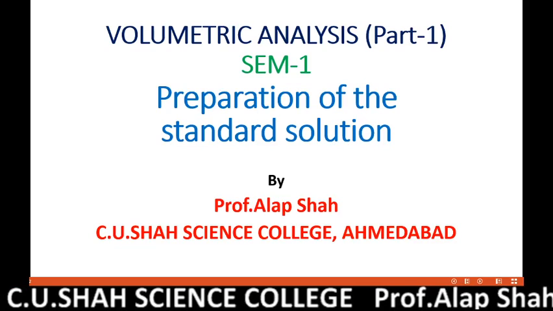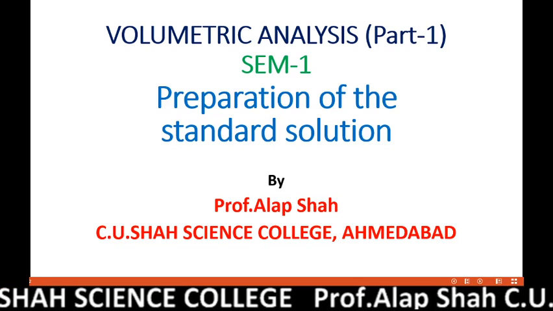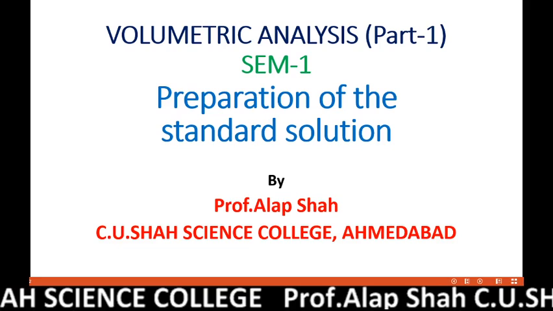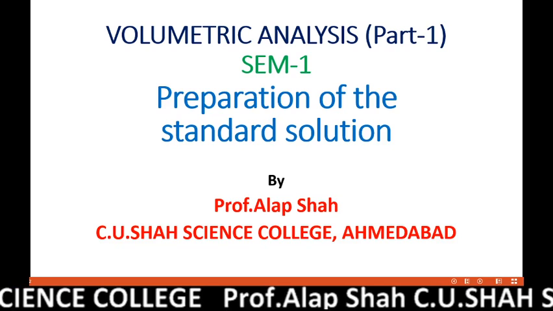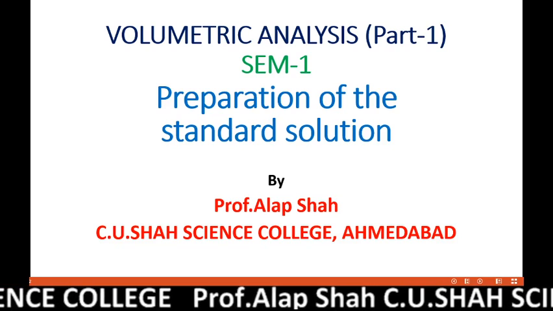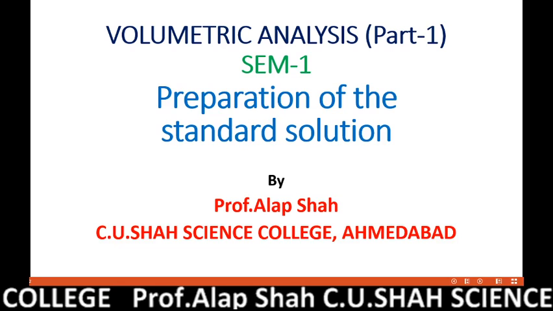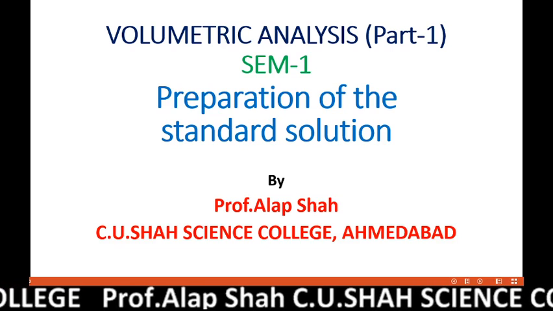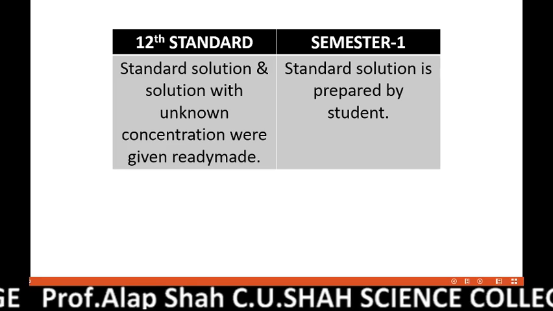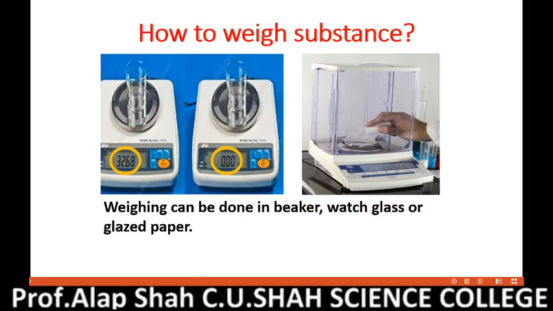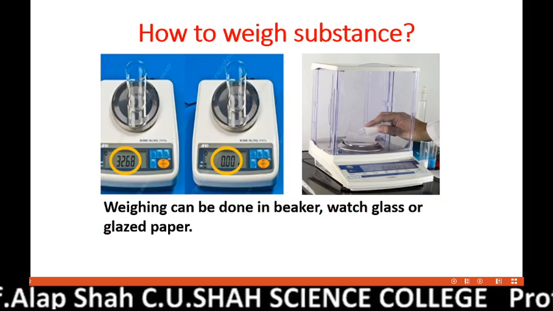It involves lots of skills, because the marks of this experiment depend largely on how accurately you get the result, and the accuracy of the result depends on how accurately you prepare the standard solution. Whether it is diluted or concentrated, skill is involved at every step. Carefully weigh, not less than that, not more than that.